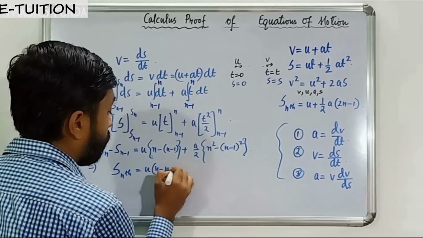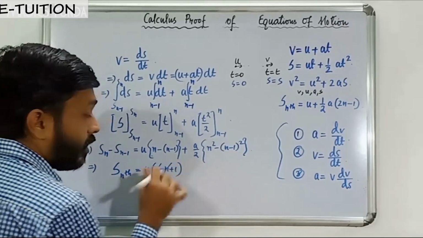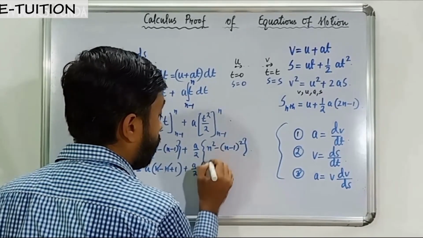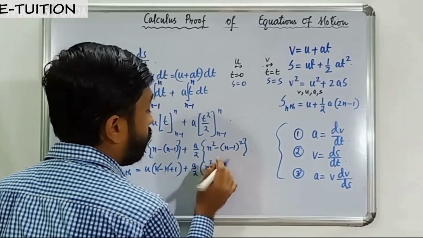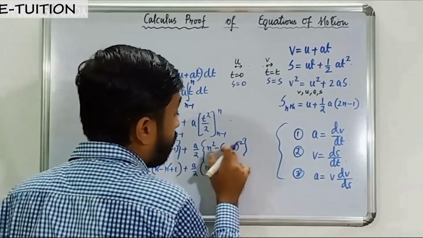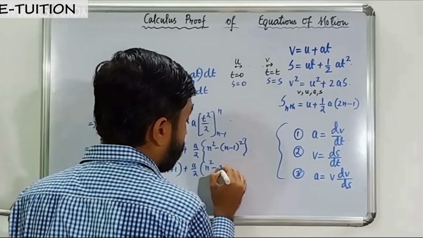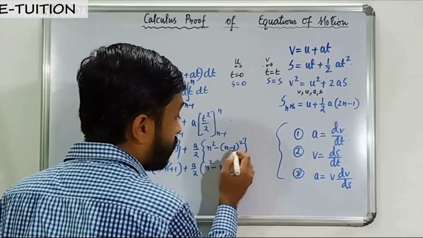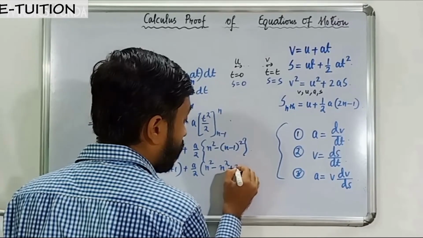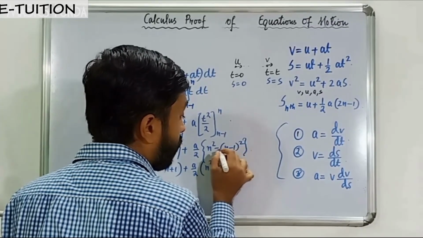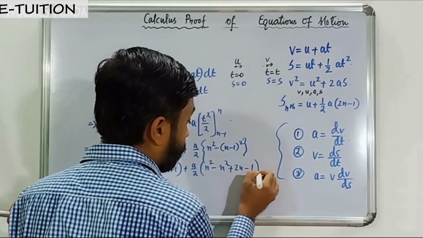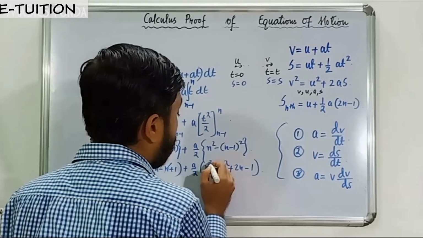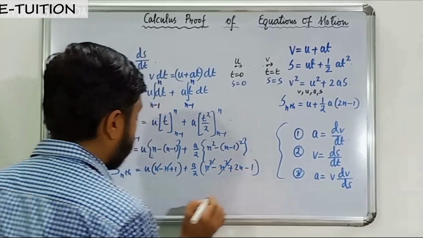n minus n plus 1, n are cancelled out, a by 2, n square minus, expand in the form of a minus b whole square, a square minus 2ab plus b square, so n square minus 2n plus 1, sign change is being taken care of here. n square are cancelled out.